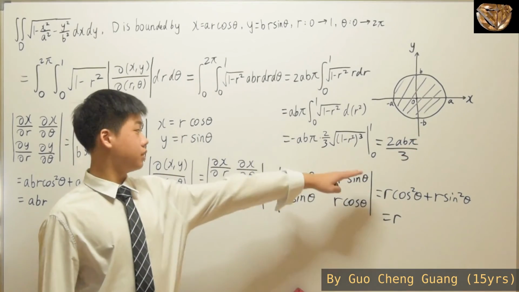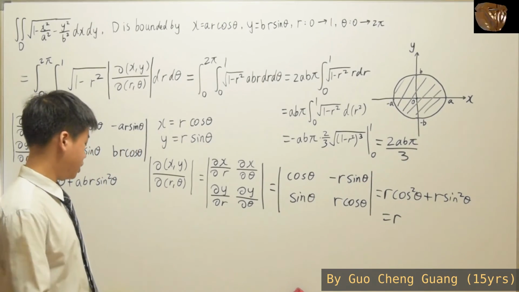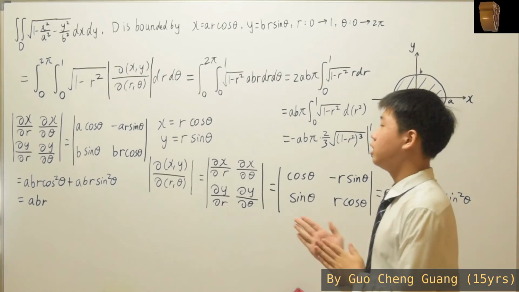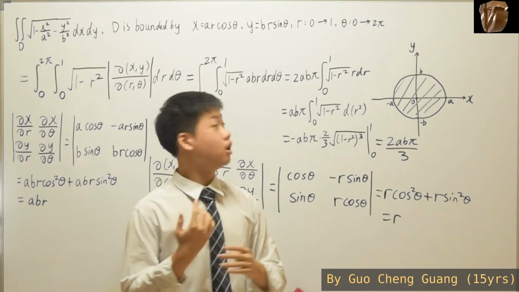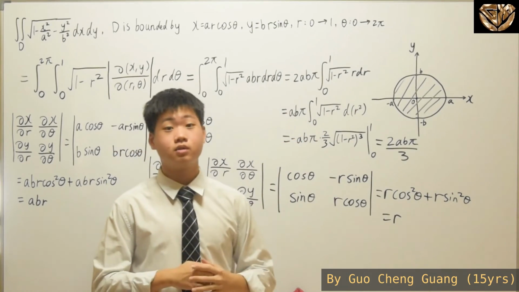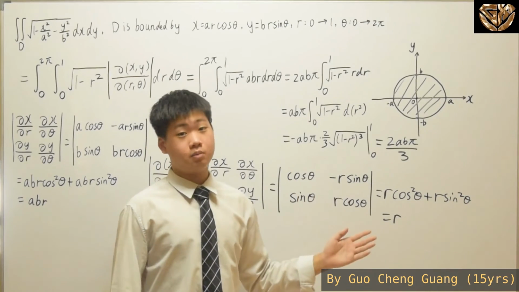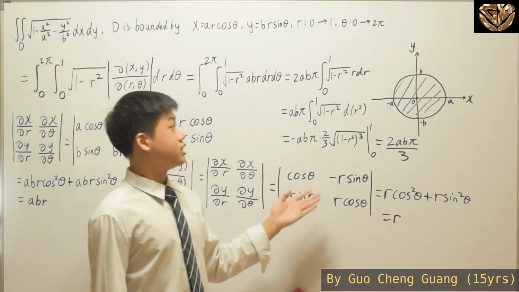Alright, so this will be the answer you have for this example. Let's take a look at what we just had. From your beginning, you take a look at this integration. It looks a bit weird. You try to figure out what exactly this graph is, and we find that it is an ellipse. Of course, an ellipse can be a circle, but not necessarily.